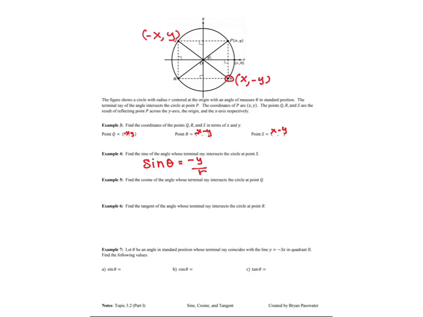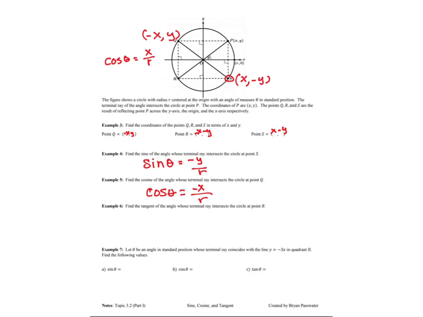Negative x, positive y, right? Cosine is the ratio of x over r. So at point Q, what's my x value? Negative. And r is still r. Is that better? Okay. Questions, anybody?